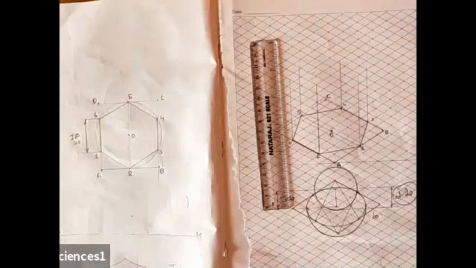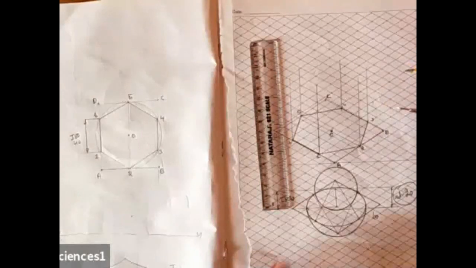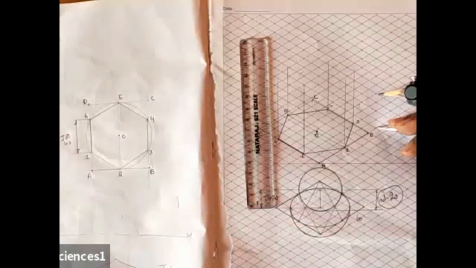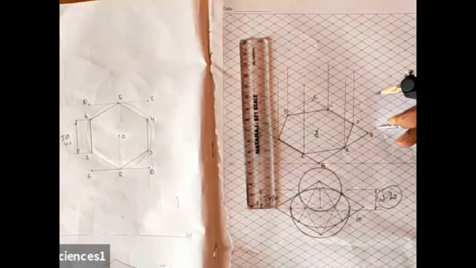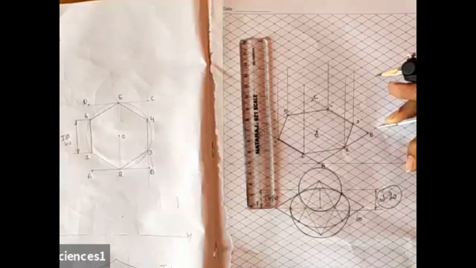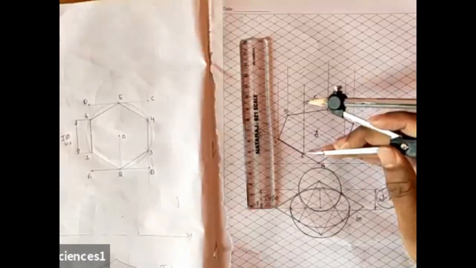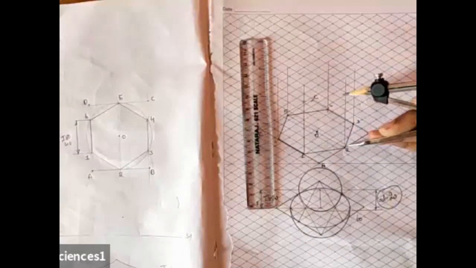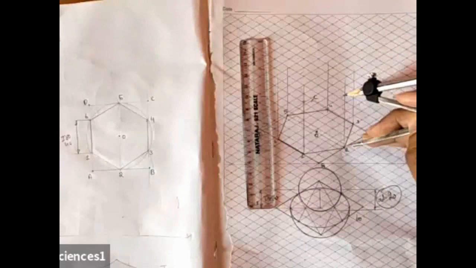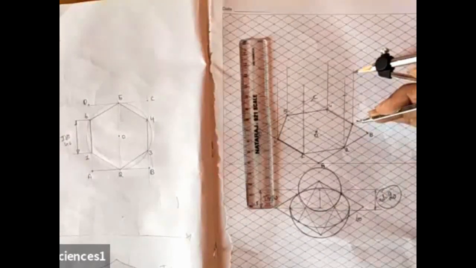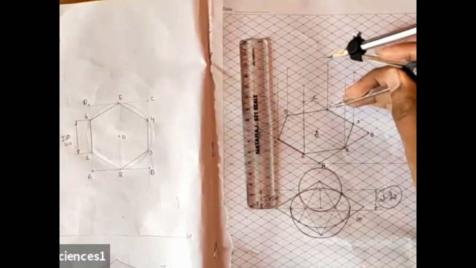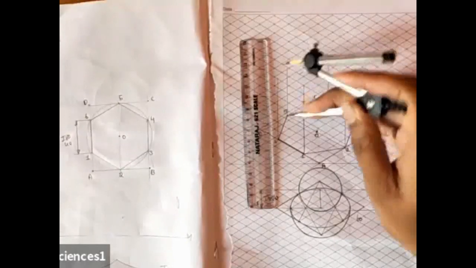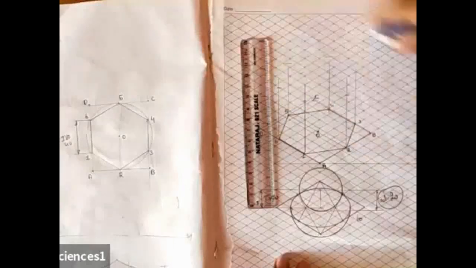Now what do you do is, what is the height? 6. You measure 6 boxes in your compass. You start cutting the arc from point number 1. Again, you start cutting the arc. That is, you're cutting the height from all the 6 corners. Cutting the height. That's all. You got the top.